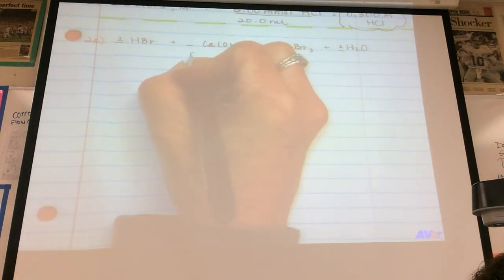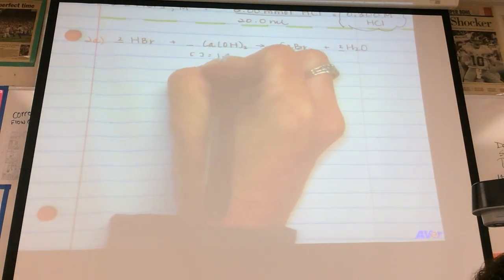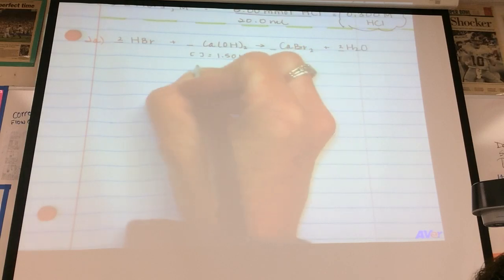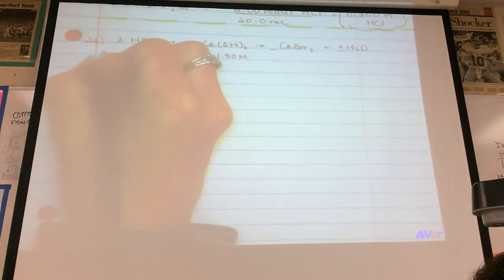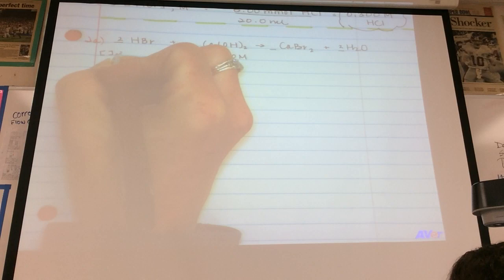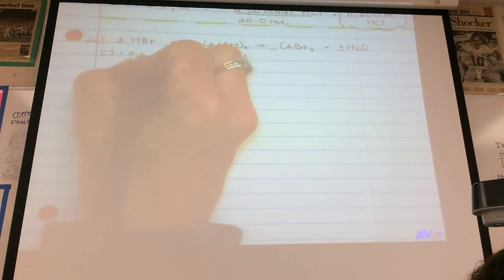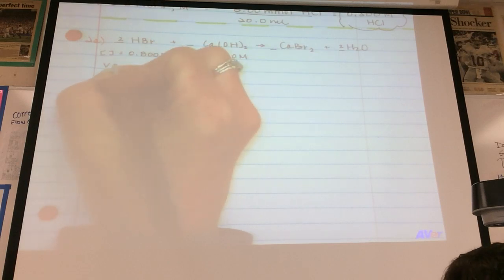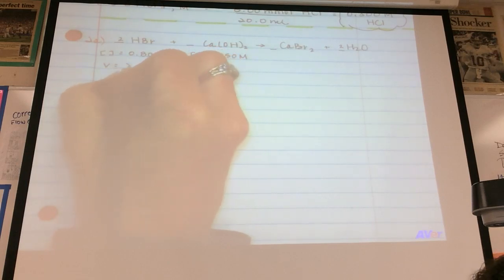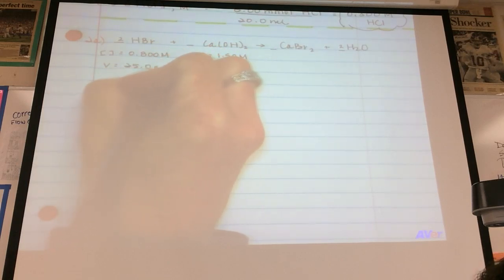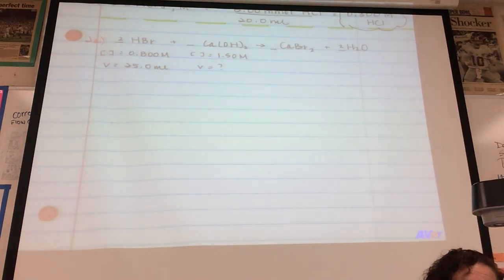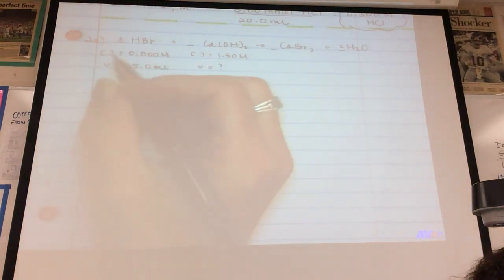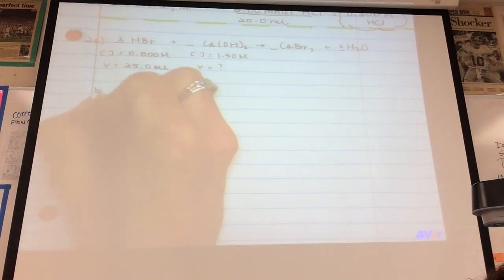The concentration of the base is 1.50 molar. I want to figure out its volume. The concentration of the acid is 0.8 molar, and the volume is 25 mils. So in this case, do I want to get millimoles of the acid or the base first?